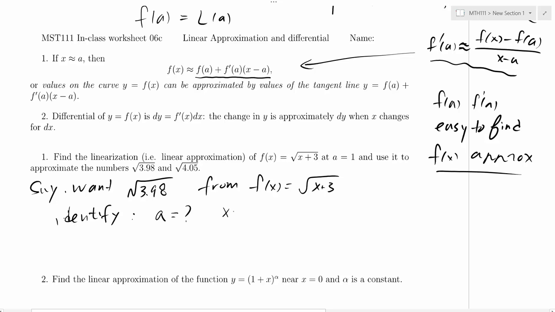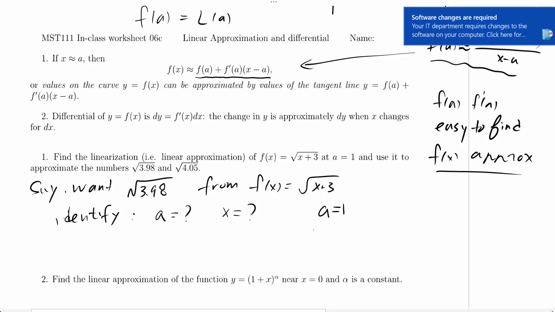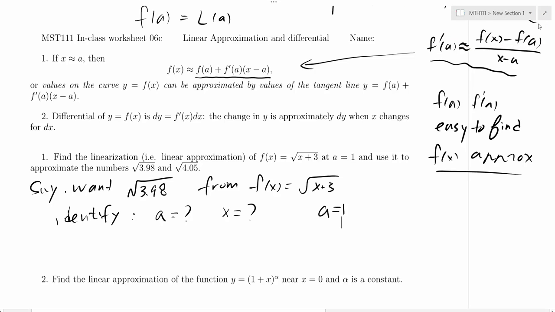And what is the x value? In this problem, a is equal to 1. So if you look at it, f of a is equal to the square root of 1 plus 3, and that's root 4. That's easy to evaluate, it's 2.